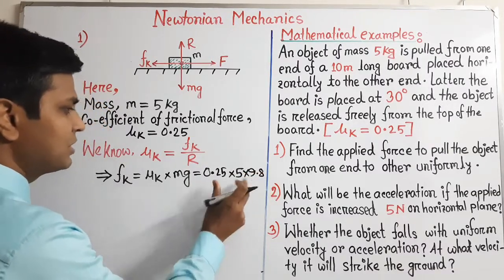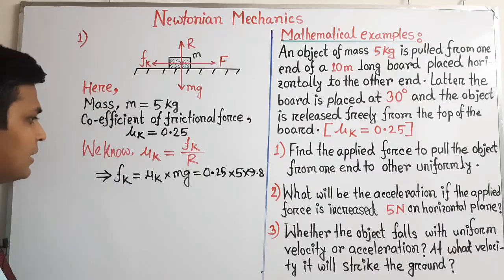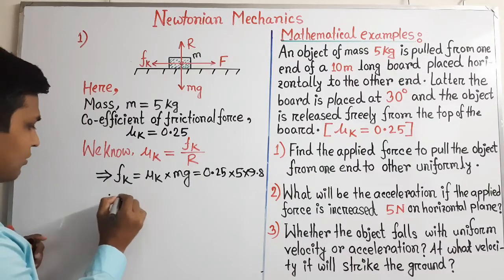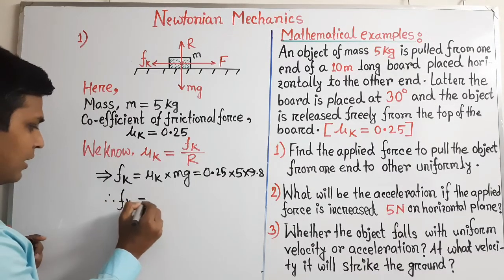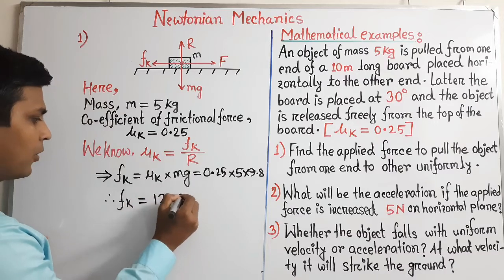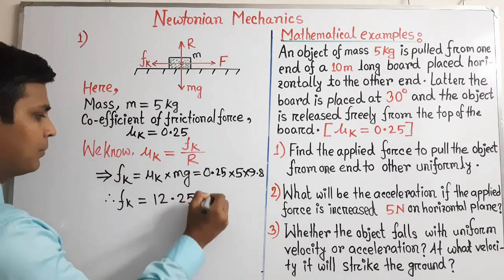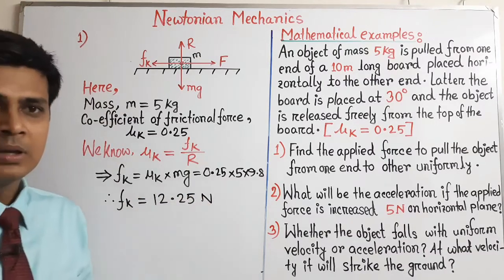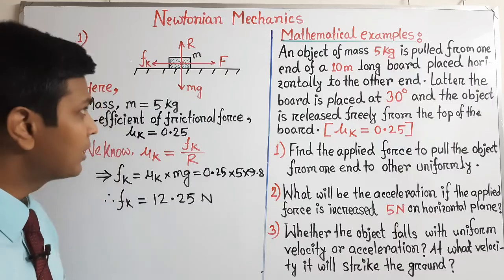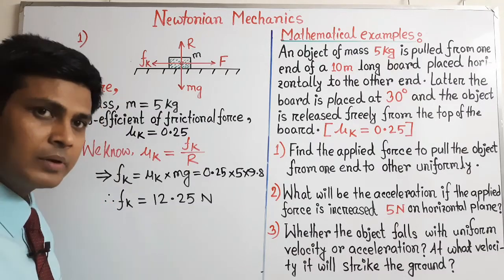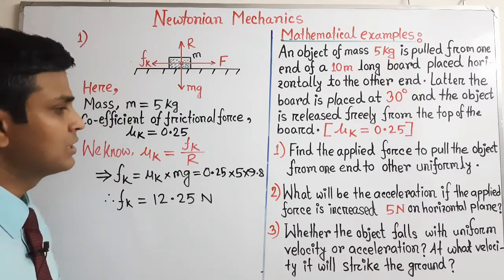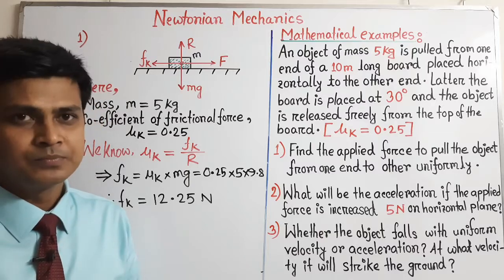After calculating this expression, we will get the frictional force Fk, which will be 12.25 Newton. And we know when the body moves with uniform velocity in the forward direction, the effective force will be 0.